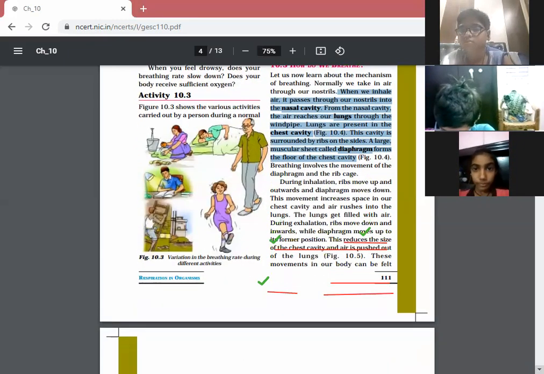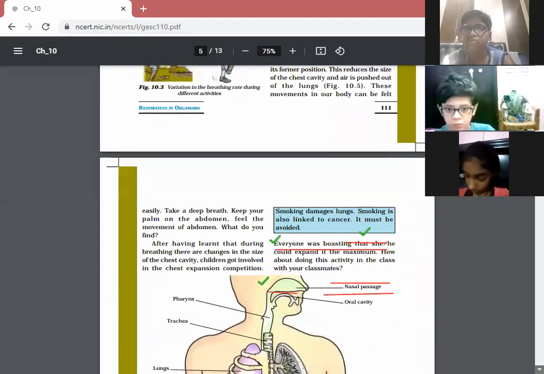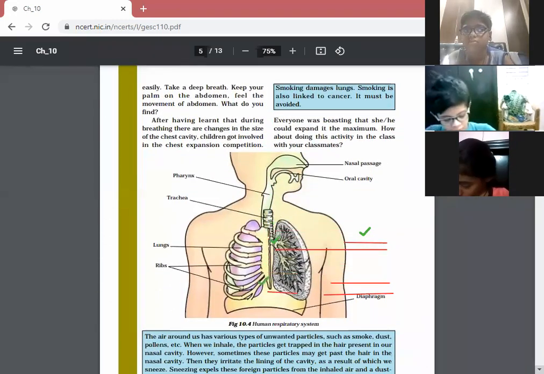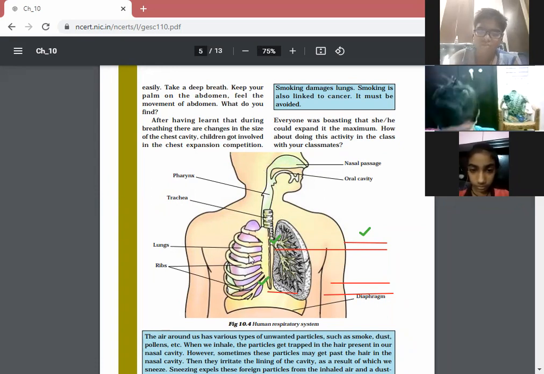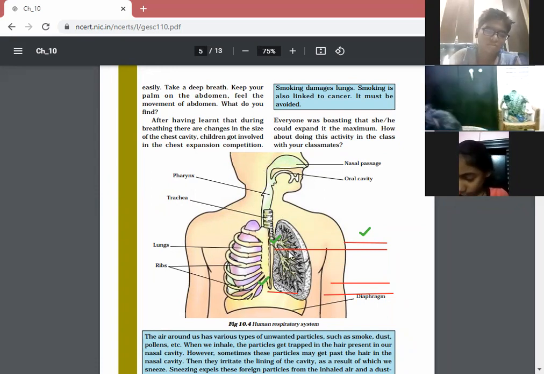Now let's move to our respiratory system. What is our respiratory system showing? So this is our respiratory system, children. This is the nasal cavity, and the air enters through the nasal cavity, through the windpipe, the trachea, and reaches the lungs. And see, inside the lungs there are bronchi.